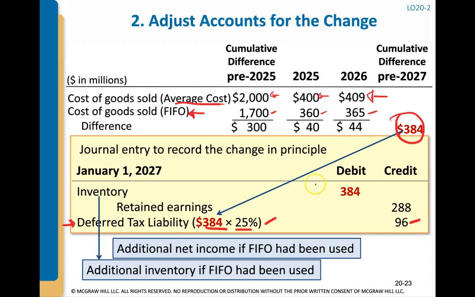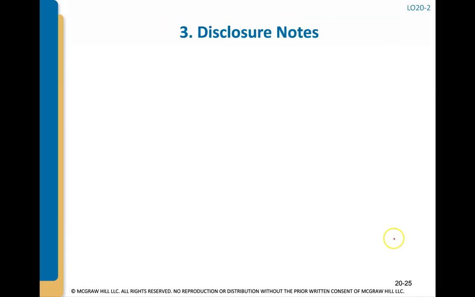So that's kind of a very lengthy explanation, but this is the only way to make the journal entry balance.